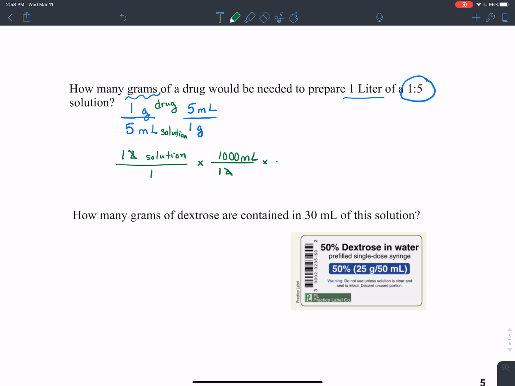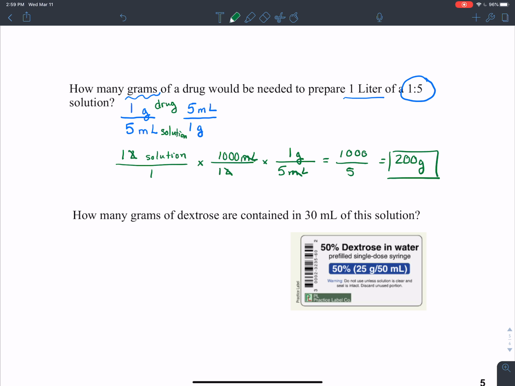Then I can use the strength. I want the 5 milliliters to cancel out, so my 1 gram will be up in my numerator. When I multiply straight across, I end up with 1,000 over 5, which gives me 200 grams. So I'll need 200 grams of this drug to prepare 1 liter of that 1 to 5 solution.